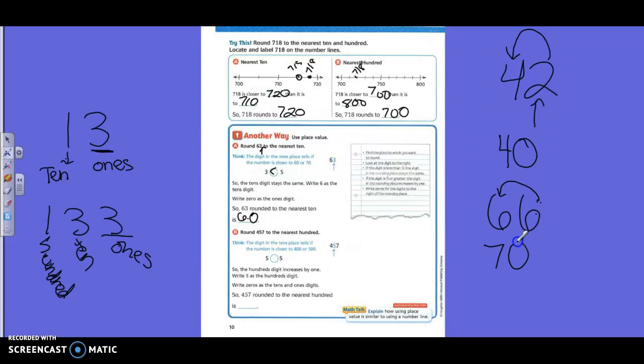And then the 6 becomes a 0 on the ones part. Okay? Alright. If it was 65, 5 is equal to 5, but it still makes the 6 go up. Okay? So it will go to 70.